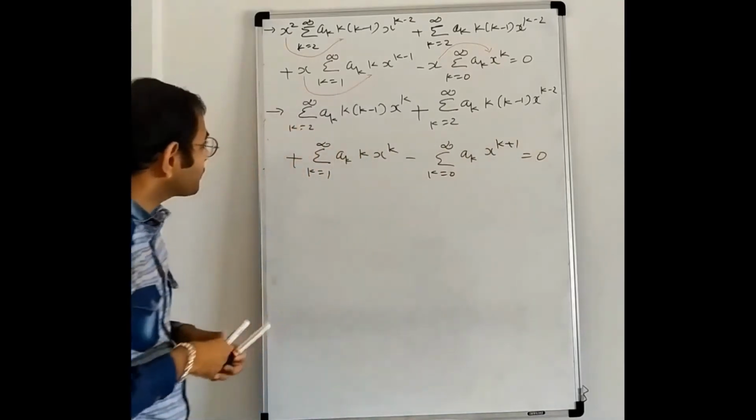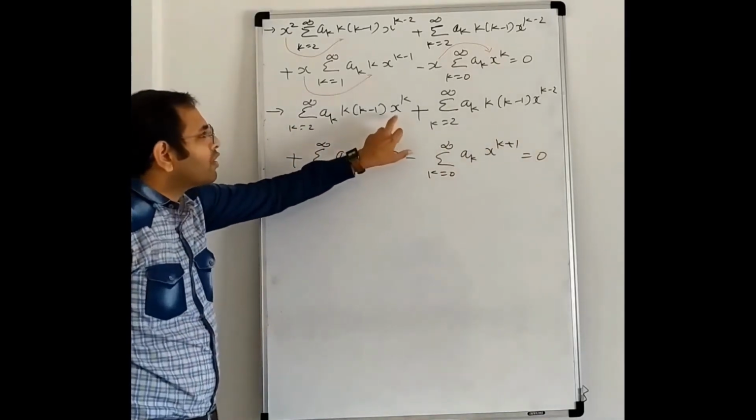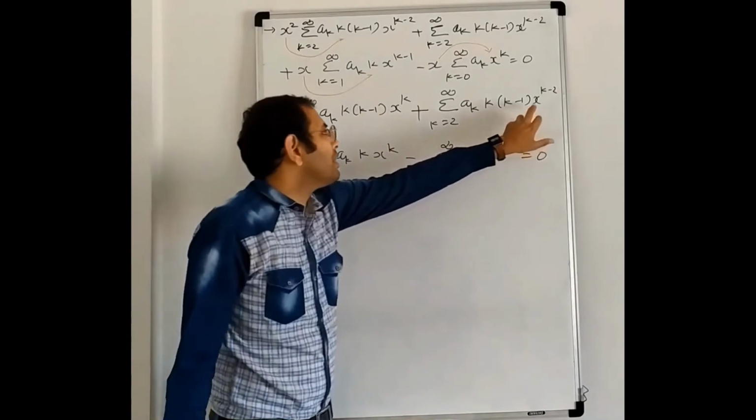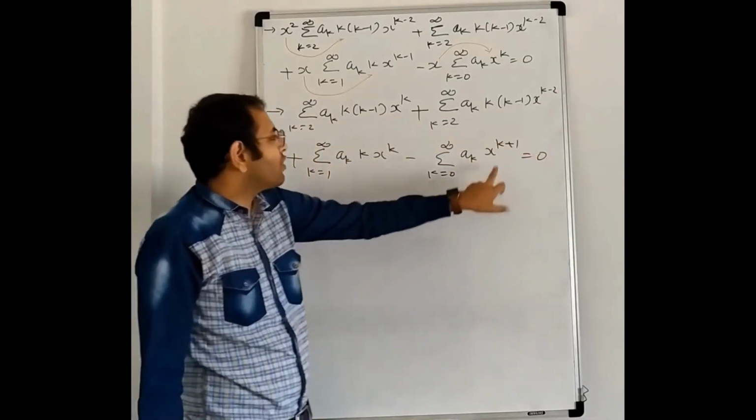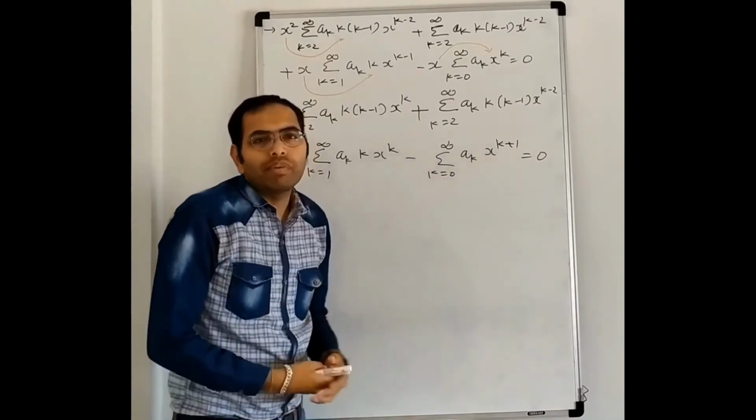Now, in first term, power of x is k, second term power of x is k minus 2, third term power of x is k, and fourth term power of x is k plus 1.